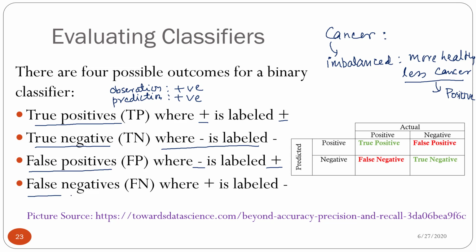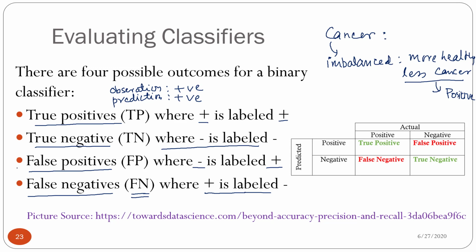Similarly, what is false negative? False negative means that the reality was that the sample corresponds to a cancer patient, but the classifier that we have is calling that a healthy patient, right? So you are saying that the sample is negative, that the sample corresponds to a healthy person, but that is false.